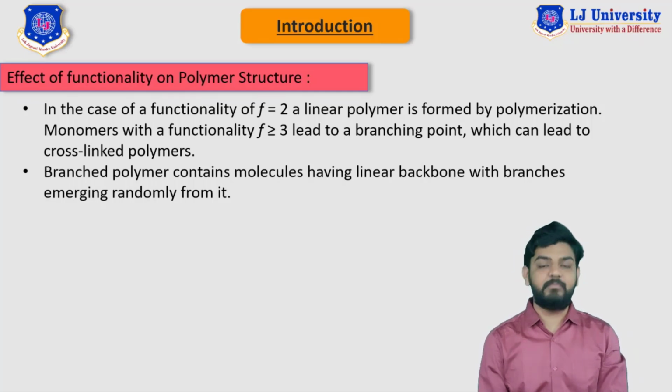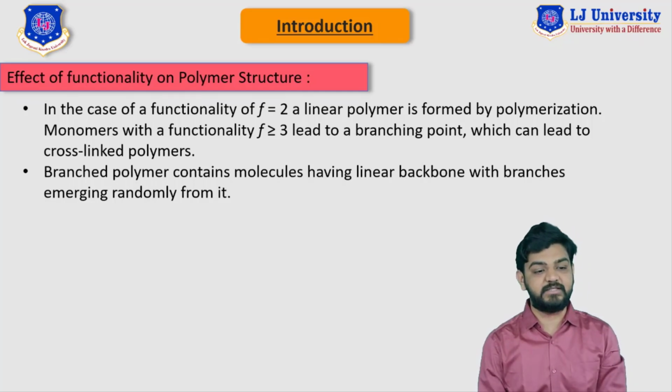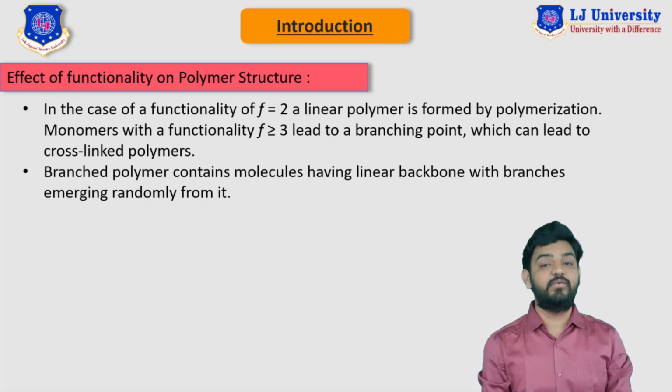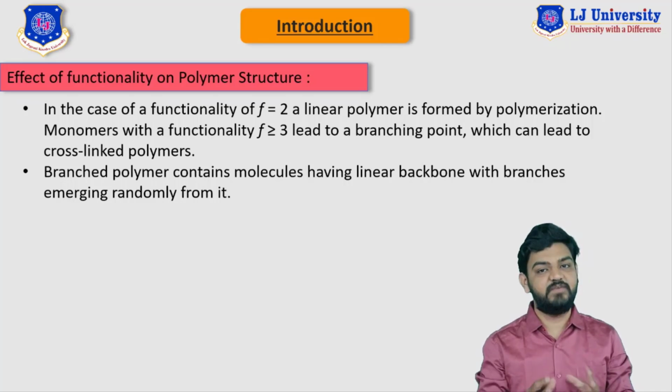In order to form a cross-linked network, the monomer should have functionality equal to 3 or greater than 3.